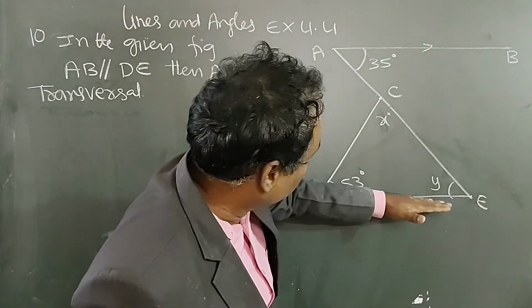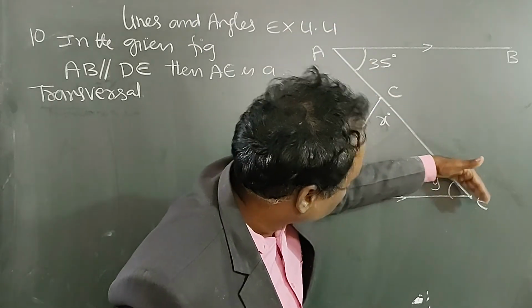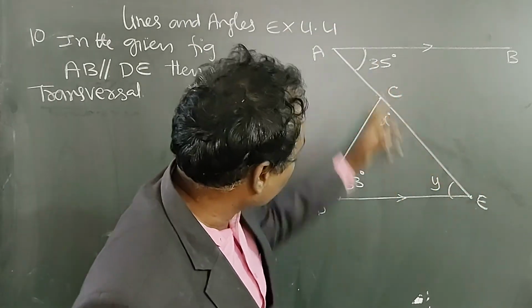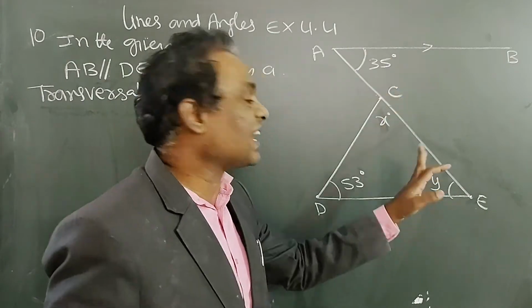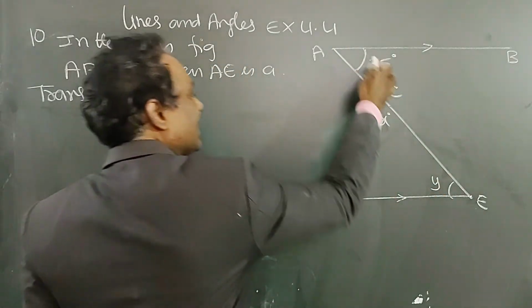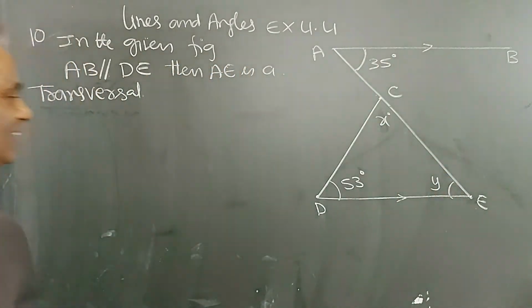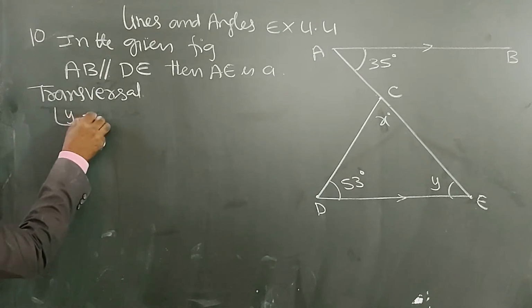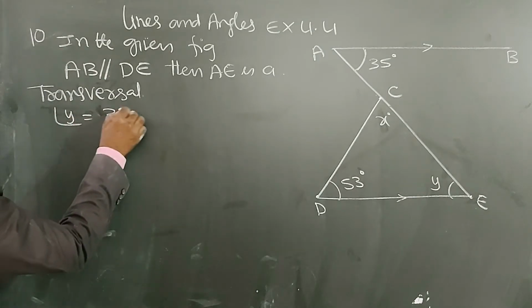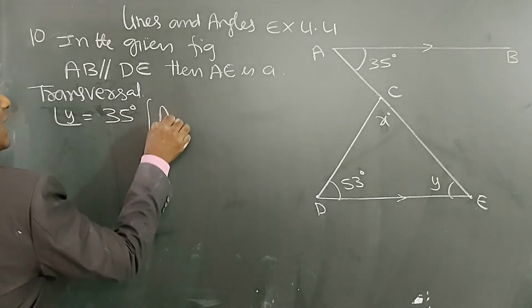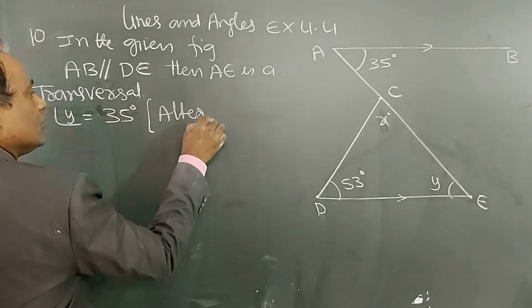Parallel lines, transversal, both are interior on opposite sides of the transversal. They are alternate angles. So angle Y is equal to 35 degrees. What is the reason? Alternate angles are equal.